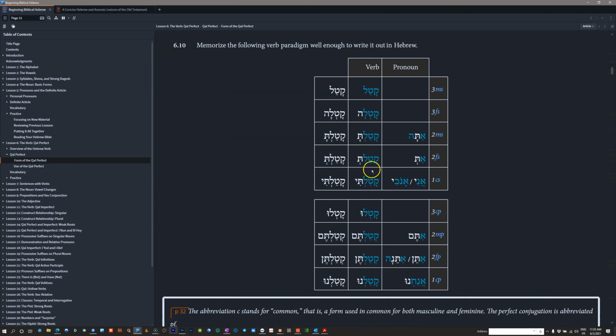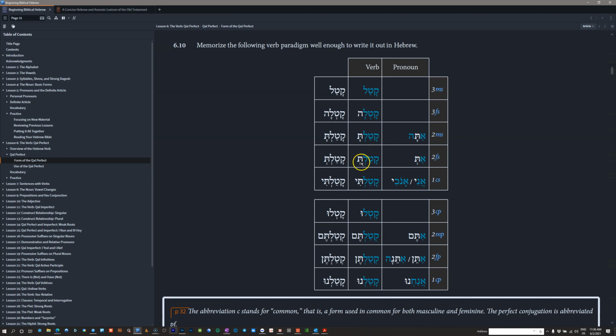But when we get to this next one, katalti, again, we've got the situation where we're adding a suffix that begins with a consonant, and it does have a vowel, so it needs to shift the accent back to the second to last syllable. I mean, you could say that the 2FS shifts the accent back to this tet as well, but it's not the second to last syllable because there's still only this one vowel. It's still the final syllable. Ka, talt.